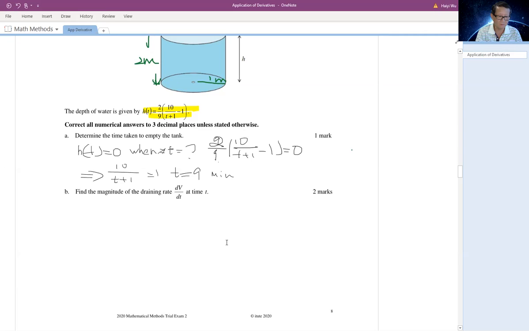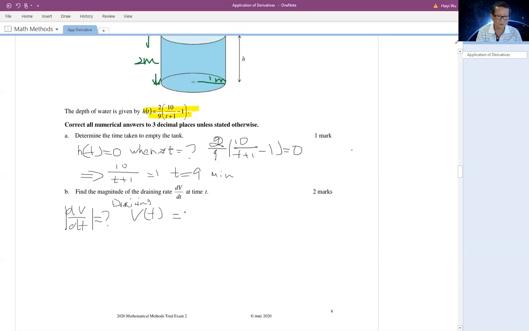We need to find the magnitude of the draining rate. Magnitude means the absolute value of dV/dt. In order to do that, we need to find the draining volume first.